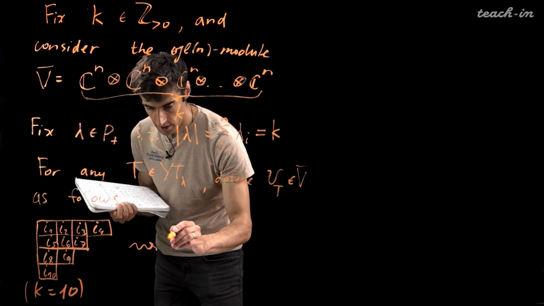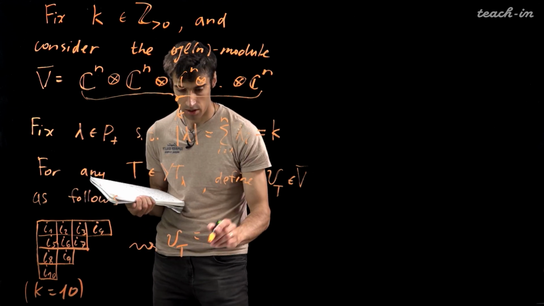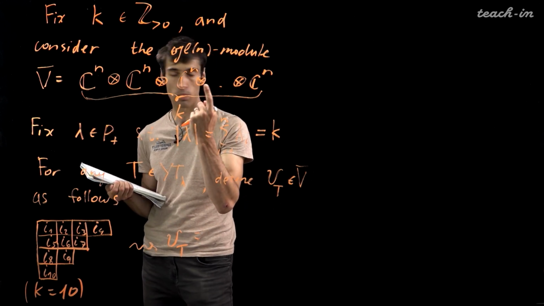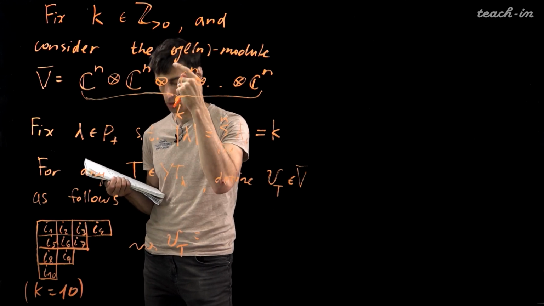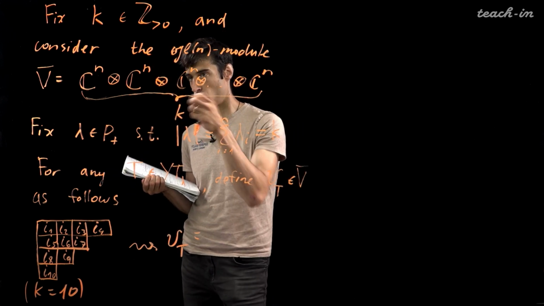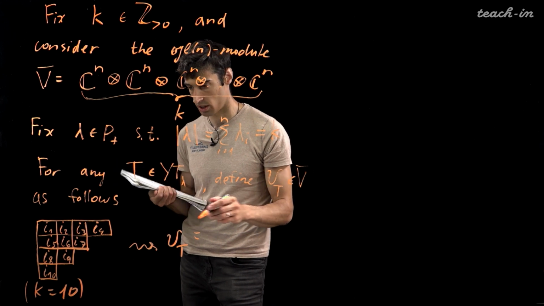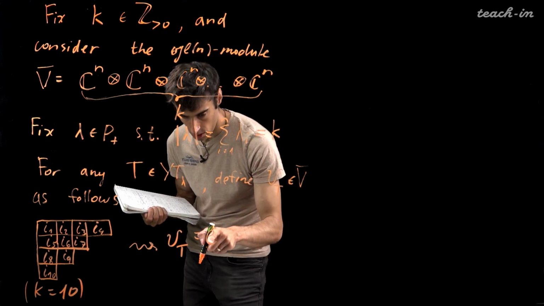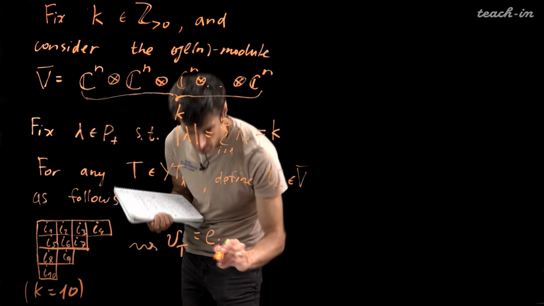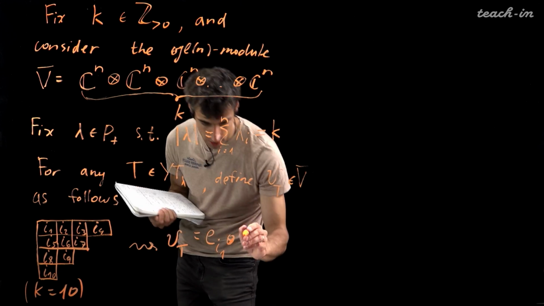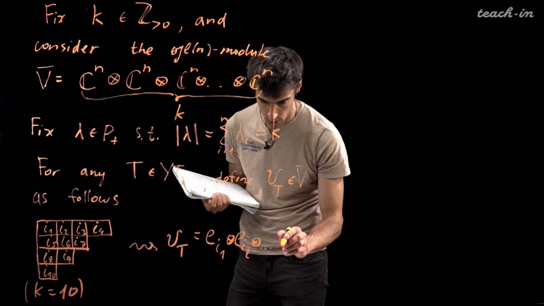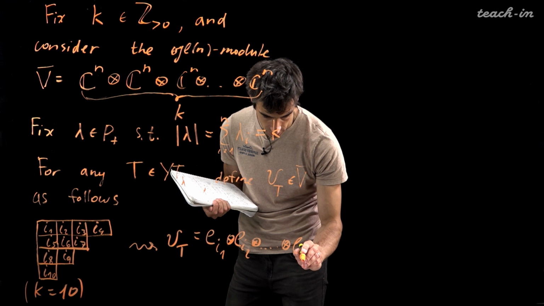Then Vt will be, so my V has a standard basis. So say E1 is a vector with 1 on the first place and 0 everywhere else. And E2 has 1 on the second place and 0 everywhere else. So I take to the first tensor factor, I put EI1, and then to the second EI2, and then I just continue, and on the last I will have EI10 in my example.